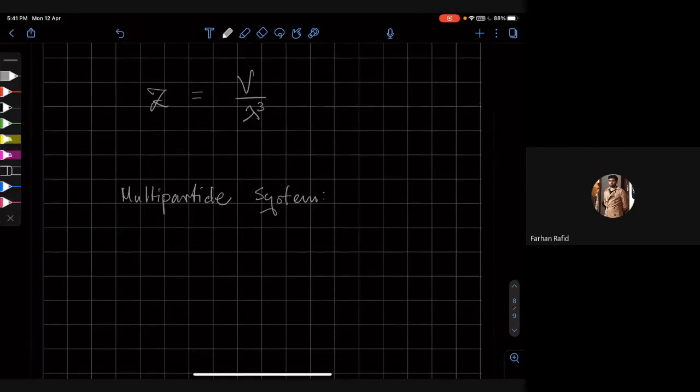So in that case, this is Z1, and this is going to be Zn. Now, if they're non-interacting, which is the case for a monatomic gas, then we saw that for independent systems, the partition functions just multiply, right?